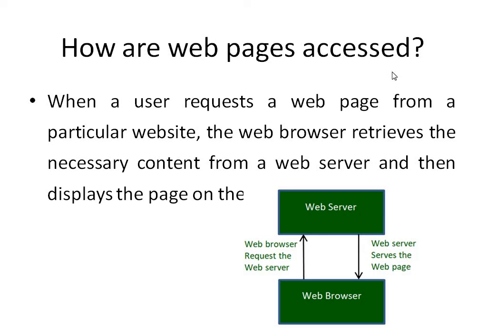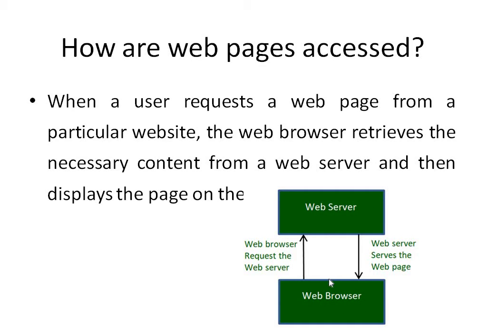How are the web pages accessed? When a web page is requested, that is, when we type the address in the address bar in the web browser, it requests the web server. The web server will look into the address. If that website is present, it serves us back.